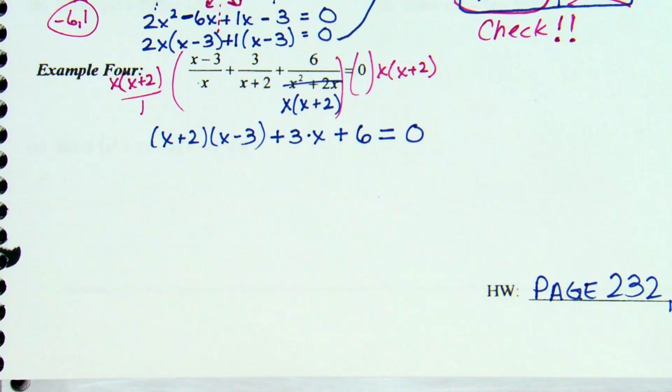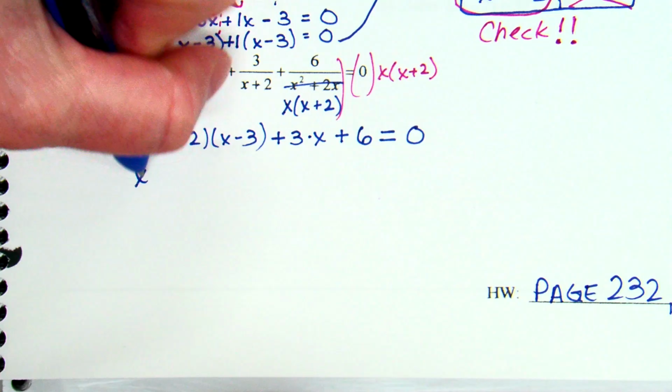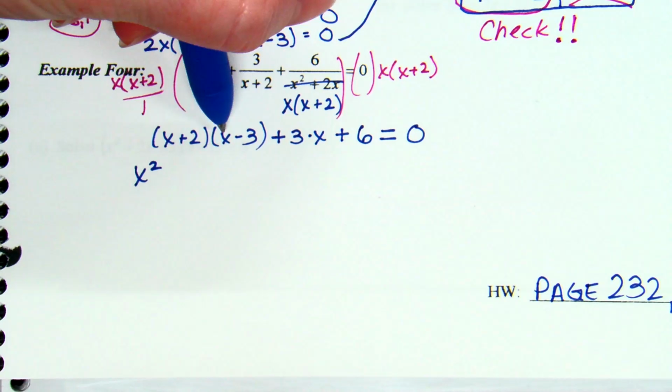What do I need to do with x plus 2 and x minus 3? Distribute or FOIL. So if I multiply those together, x times x is x squared. Outsides, minus 3x. Insides, 2x. So minus x.